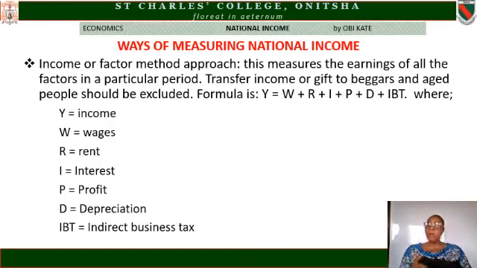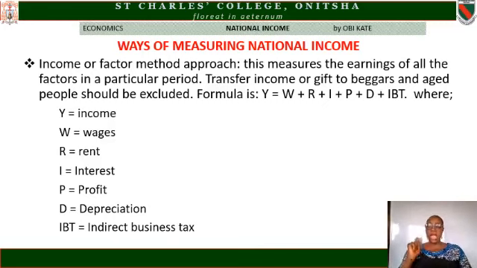Then we have the formula for calculating national income by the income method, which is Y equals W plus R plus I plus P plus D, then plus IBT. Now, what do we mean by this?